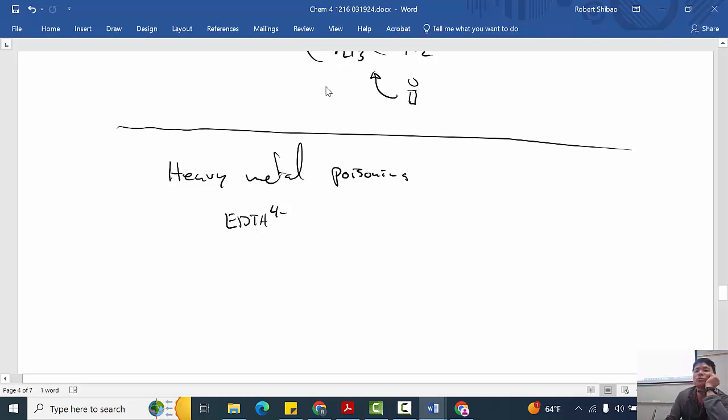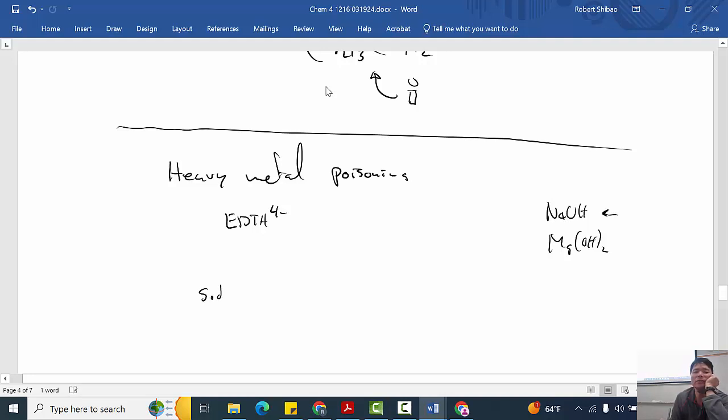So let me ask you this. What would be a more effective drain cleaner, sodium hydroxide or magnesium hydroxide? Sodium hydroxide, more effective drain cleaner. So what would be a more effective EDTA agent?